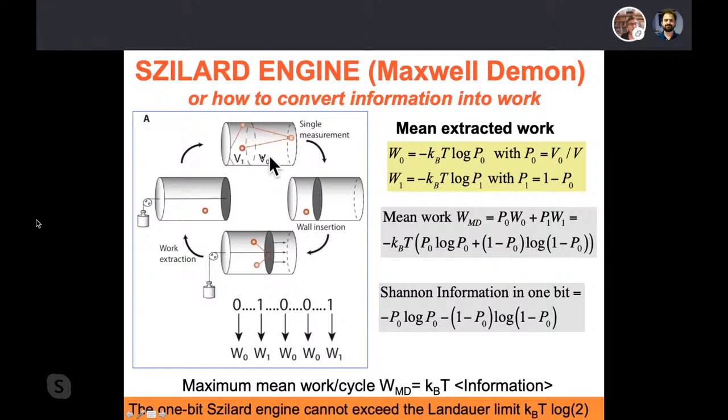And then you look at the motion of your molecule, and every time you make a single measurement of the position of your molecule, if it is inside V1, then you insert a wall in your system, and you use the collisions of this molecule, now confined in the V1 volume, against this wall to produce a movable piston and extract work.